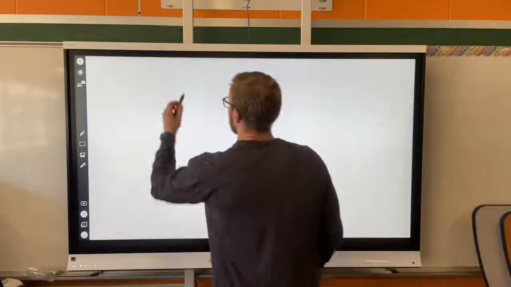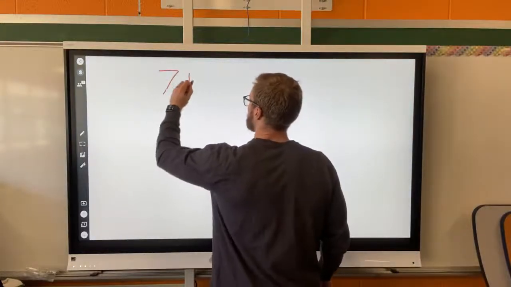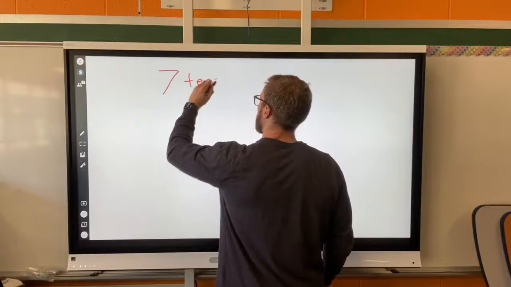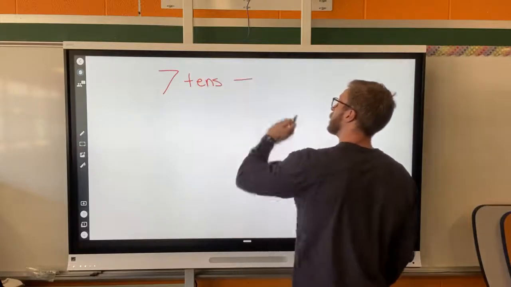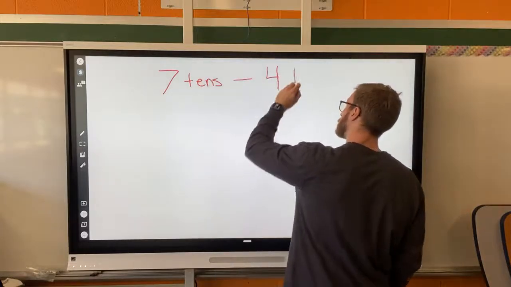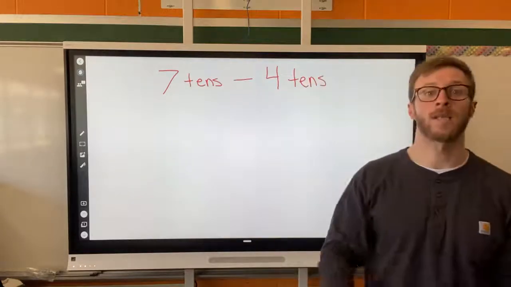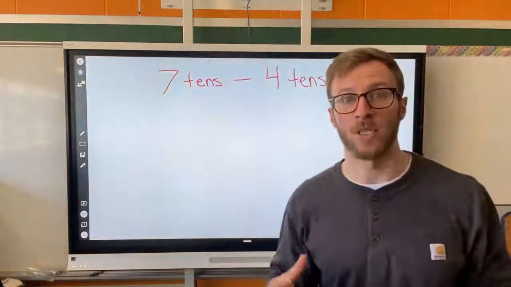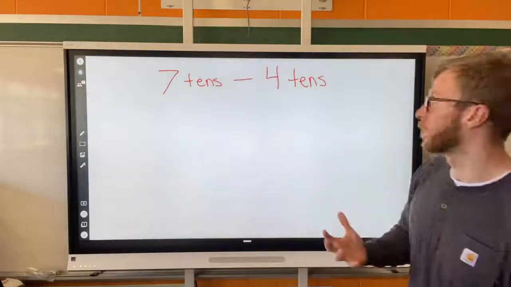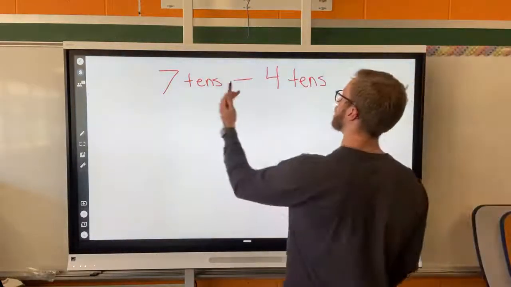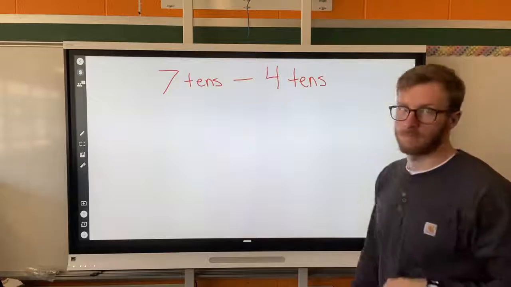I want to know 7 tens minus 4 tens. So we're going to solve this, and then we're going to change it into our normal large number, okay? So 7 tens minus 4 tens.